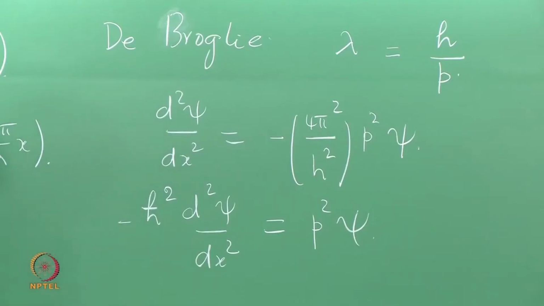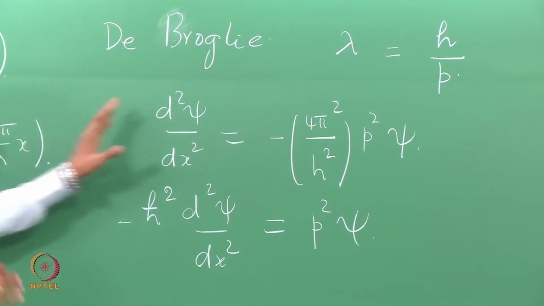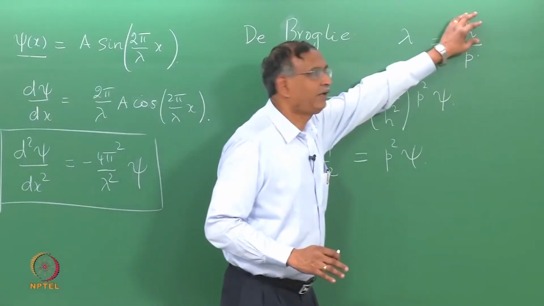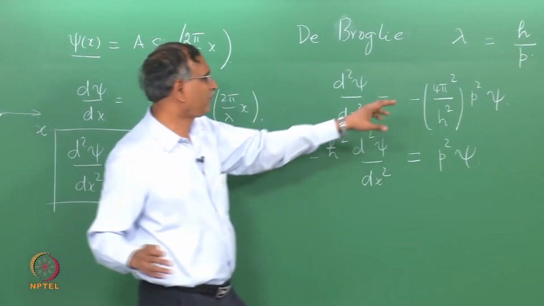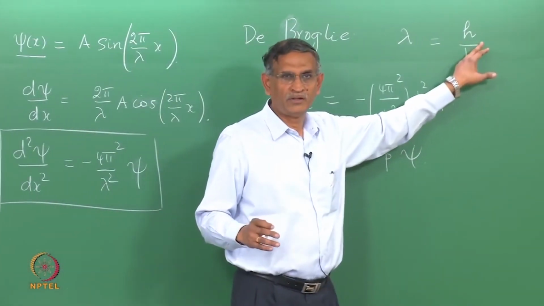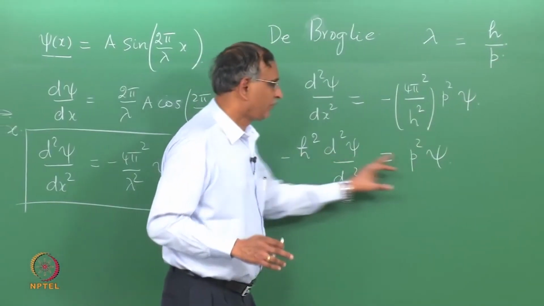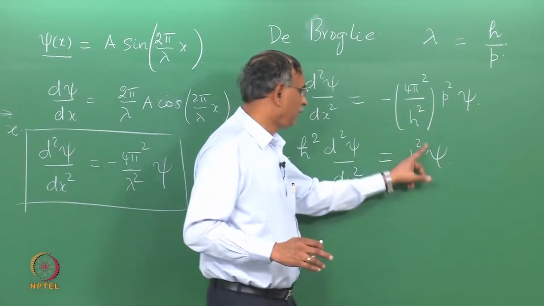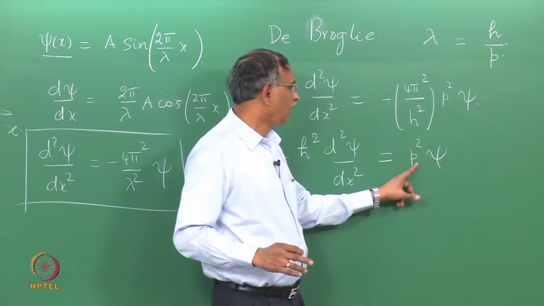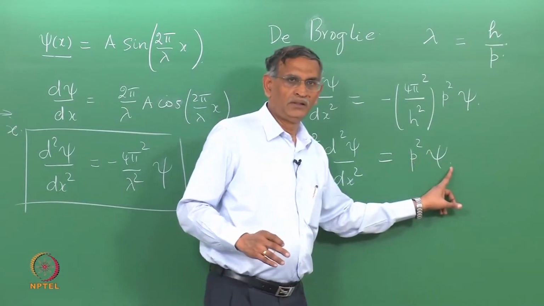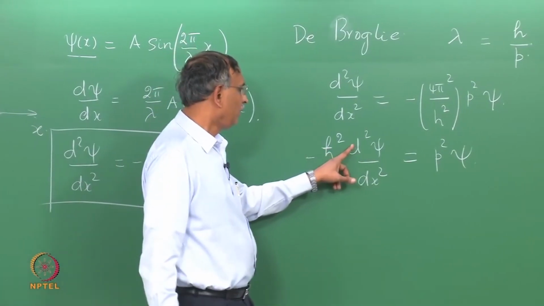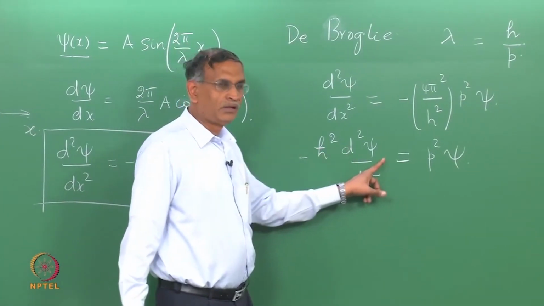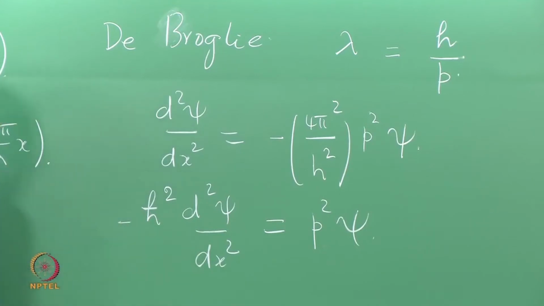This is the equation for the standing wave using the de Broglie idea and the quantization idea, namely that the energy quantum for material particles, light, etc., is given in terms of Planck's constant. So Planck's constant enters naturally here in describing what happens: the momentum square on the wave function is the same thing as the second derivative on the wave function multiplied by minus h bar square.